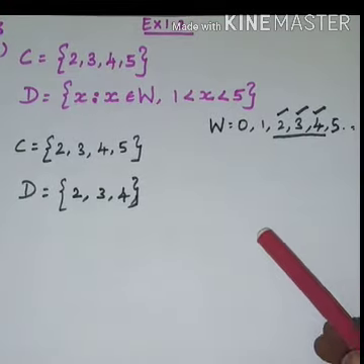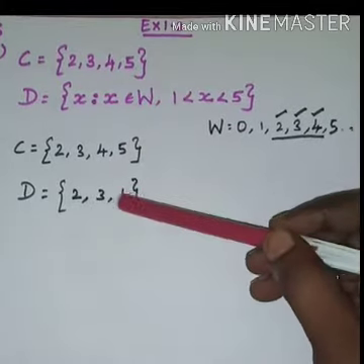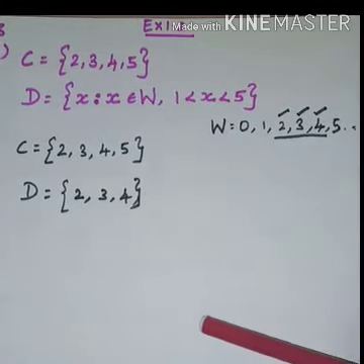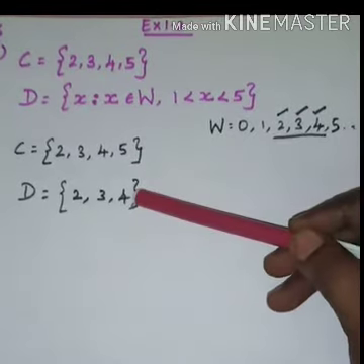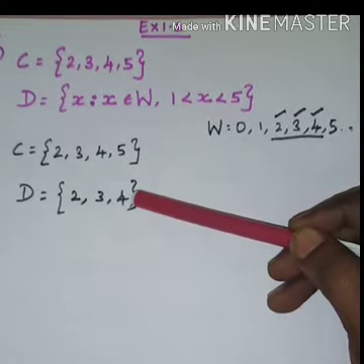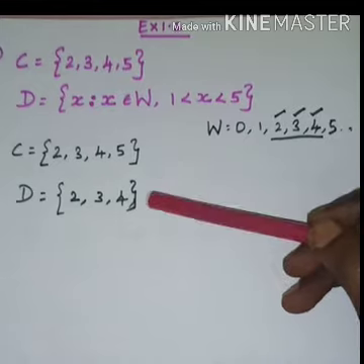Now we wrote C and D in roster form. Now we have to check whether these two sets are equivalent sets, equal sets or unequal sets.